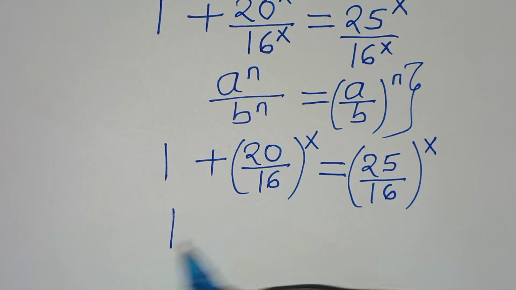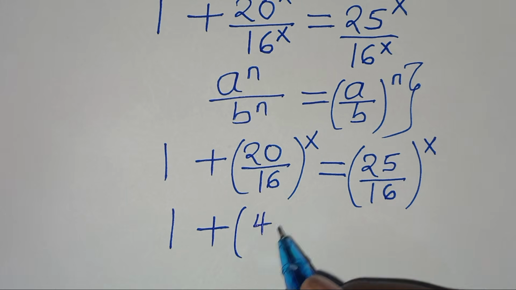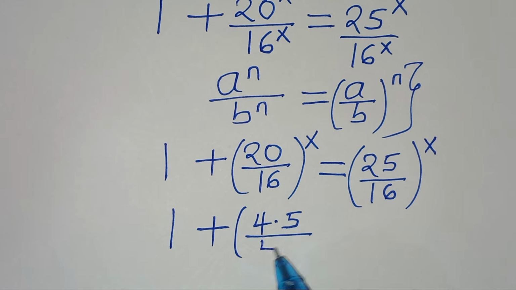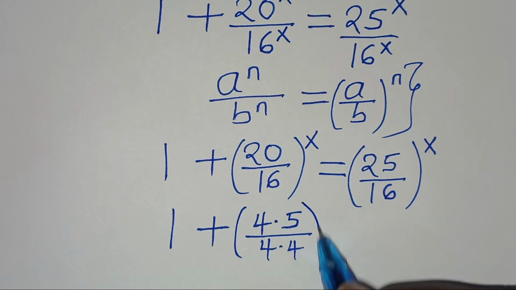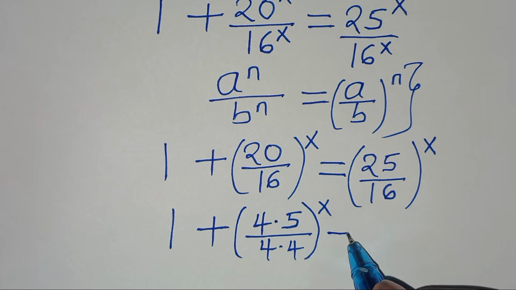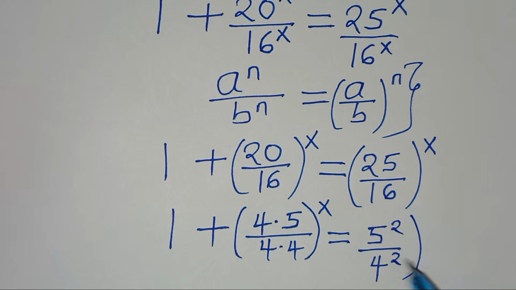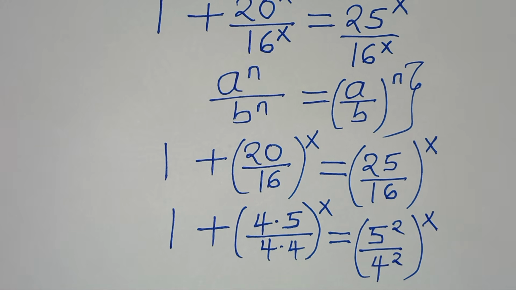The next step is that we have 1 plus, we can express 20 over 16 as 4 times 5 divided by 4 times 4, which is 5 over 4 raised to the power of x. This is equal to 25, which is 5 to the power of 2, divided by 16, which is 4 to the power of 2, raised to the power of x.